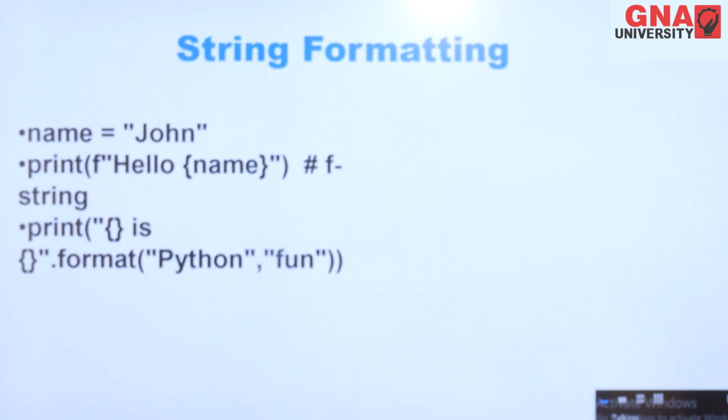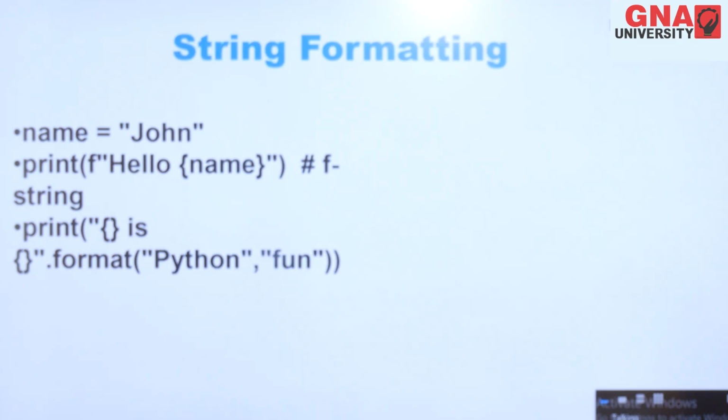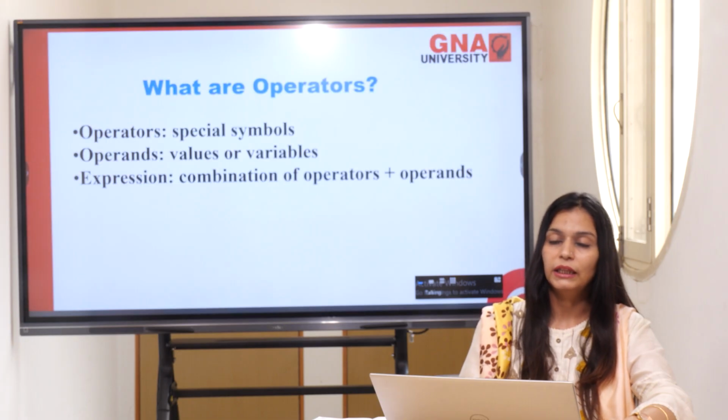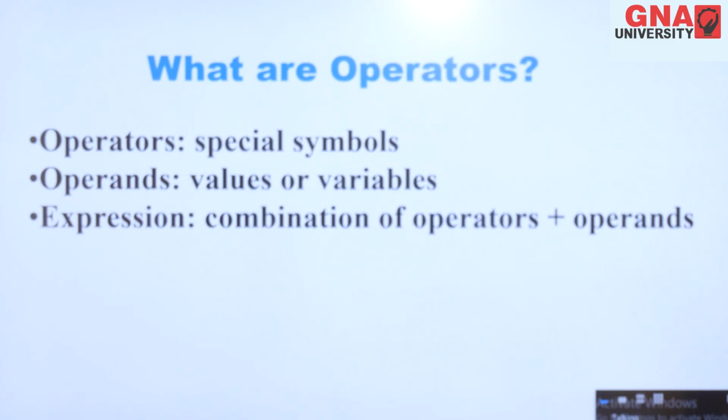Now, what are operators? Operators are special symbols that tell Python to perform a specific action. The values they work on are called operands. Together they form an expression. In between operands we can use an operator, and the whole forms the expression, like a plus b.